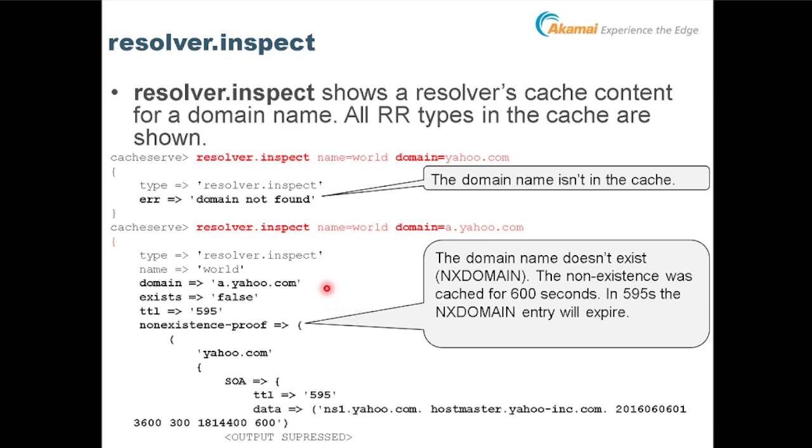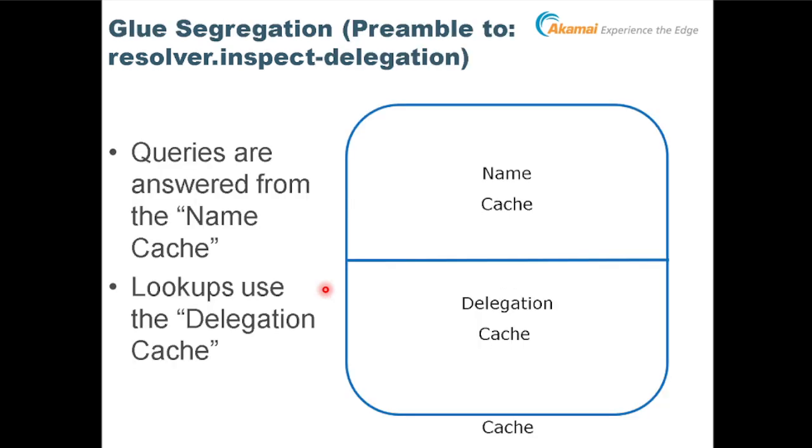And it is. It turns out that CacheServe uses what's called glue segregation to separate the content that originates from client queries.